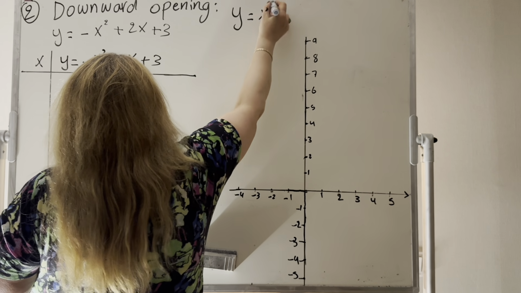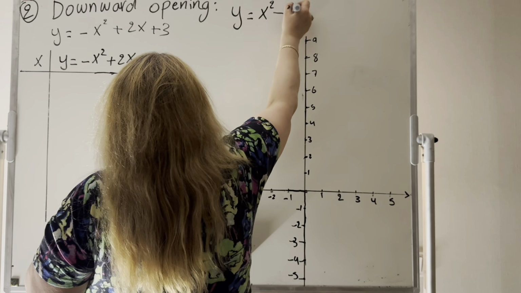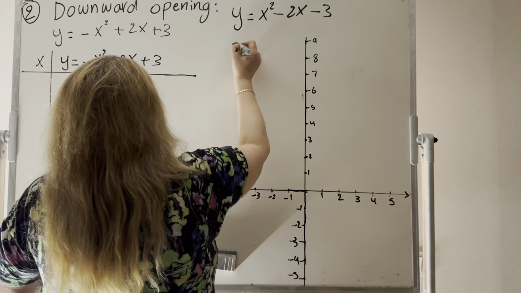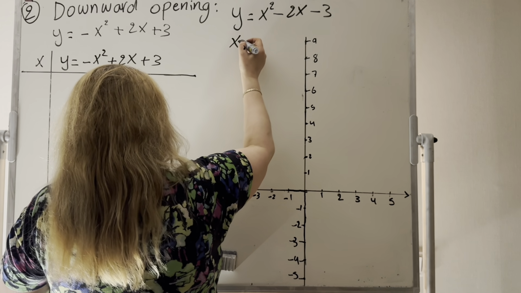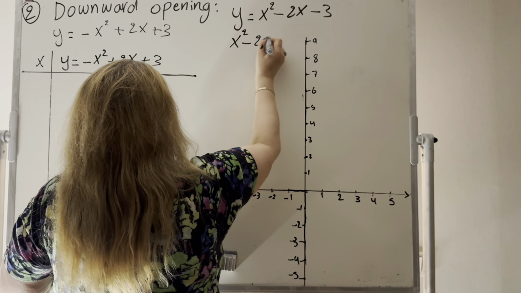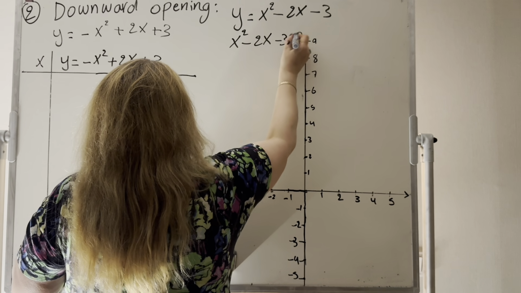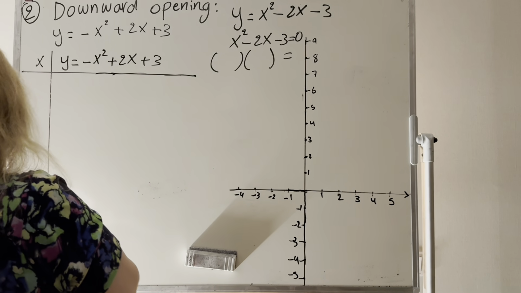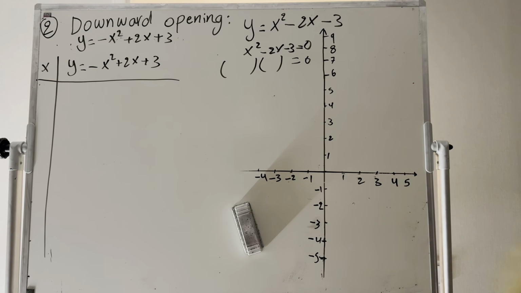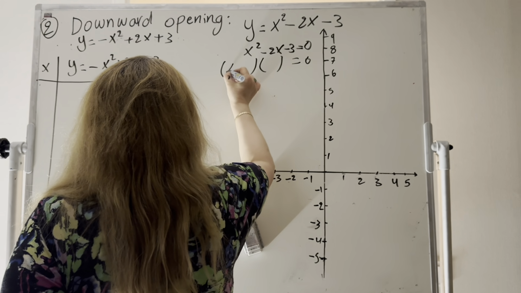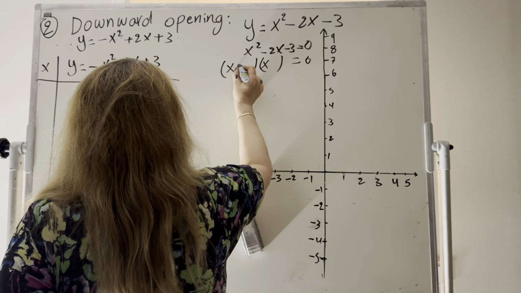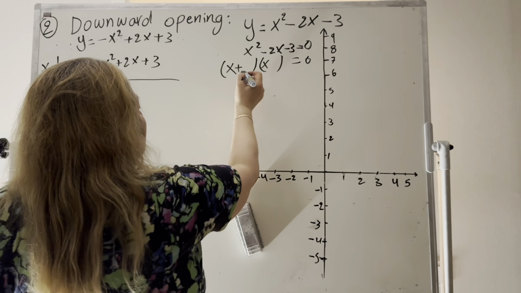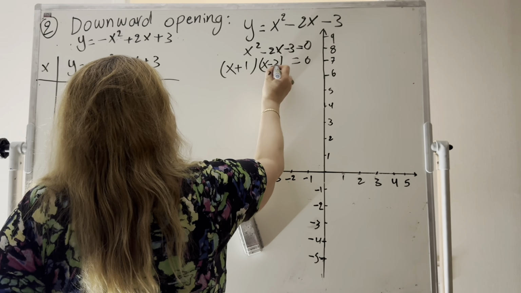Before I factorize, I will multiply by minus 1, and then I will write 0 instead of y. So x squared minus 2x minus 3 equals 0. When I factorize this equation, I need minus 3 here, and minus 2, plus 1 minus 3.